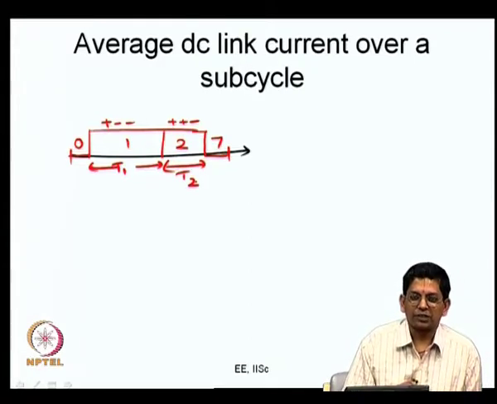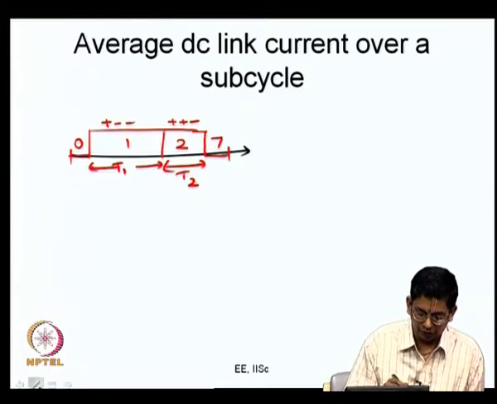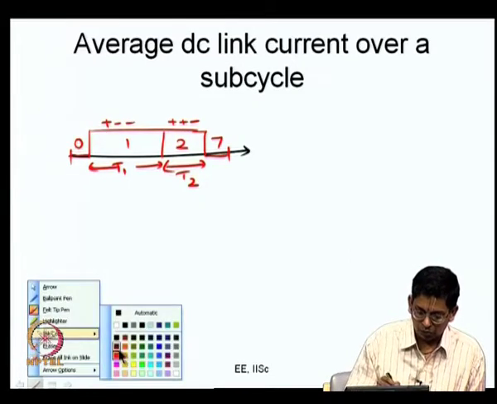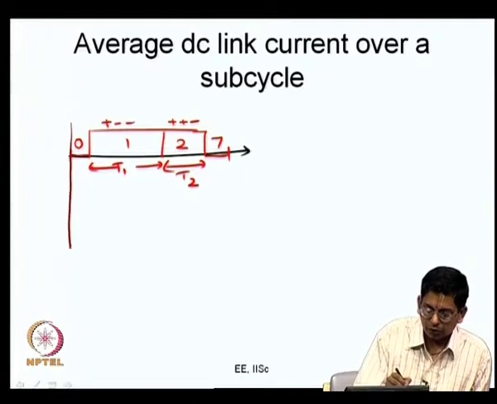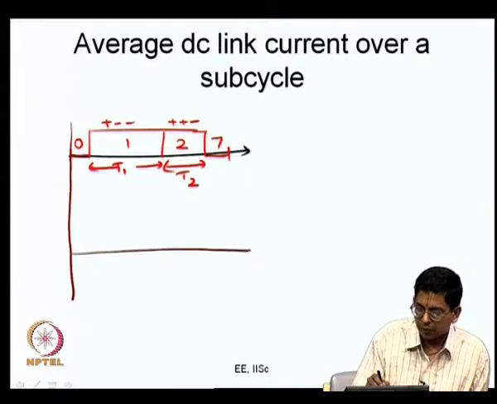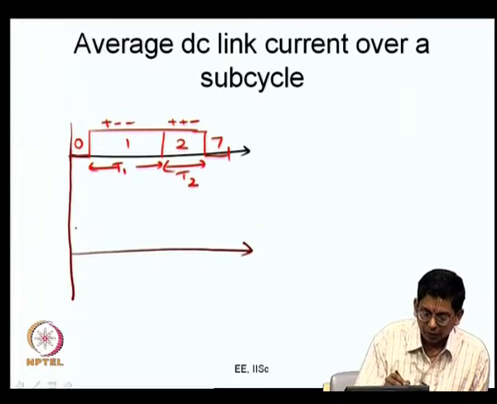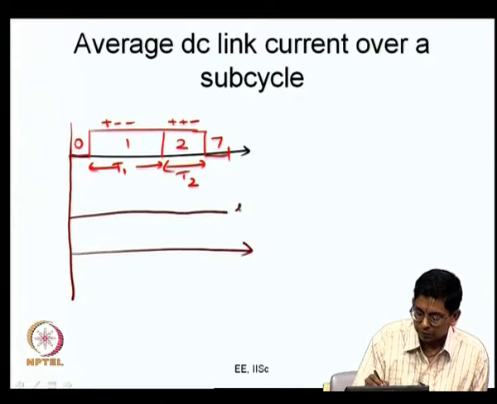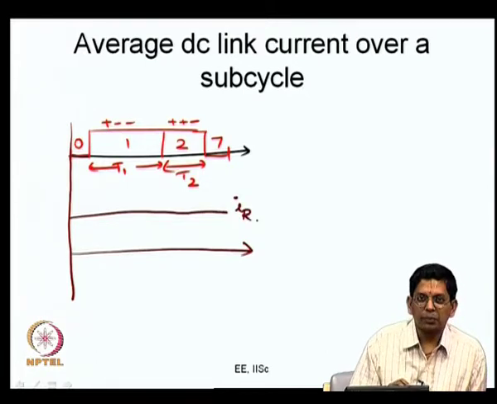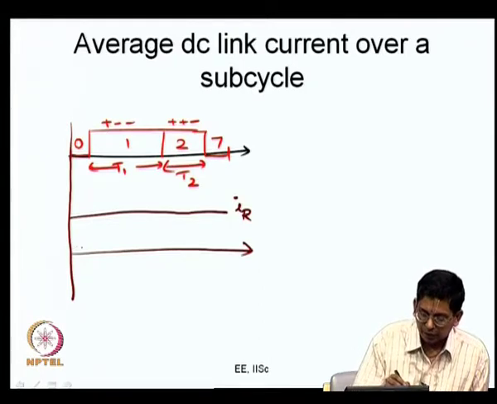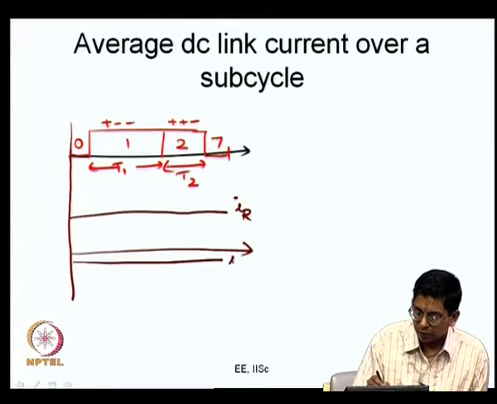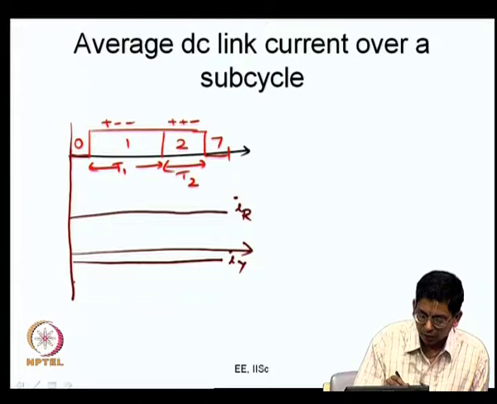So, now what happens? You have 3 phase currents. In this subcycle you will have 3 phase currents. So, what are their values? It depends on the power factor also. Now, let me say this is my IR, this is my IY, and this is IB.